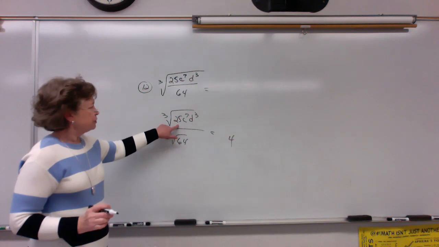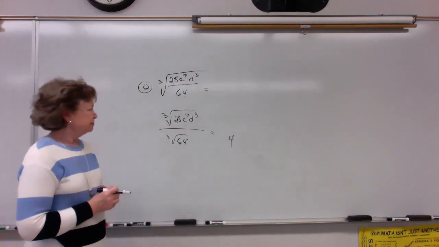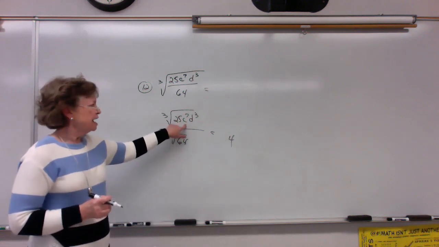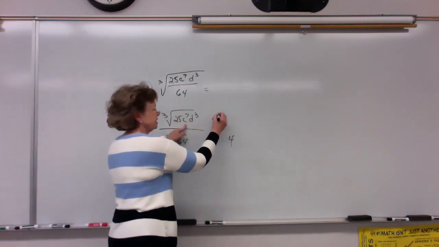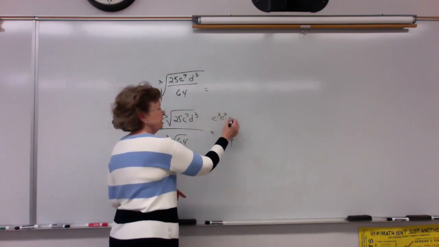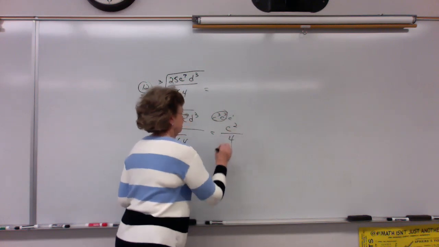And up here we're going to see, well, what can we do with that cube root of 25? Any cubes? That's just 5 times 5, so nothing to do with that. How about that c to the 7th? If I think of that as c cubed times c cubed, remember we're adding exponents when we're multiplying, times c, I can take out a c squared.